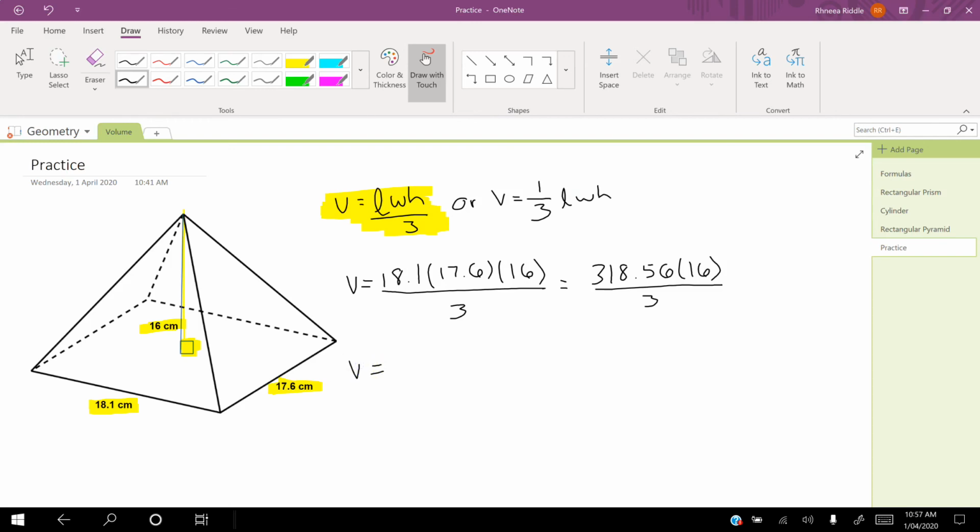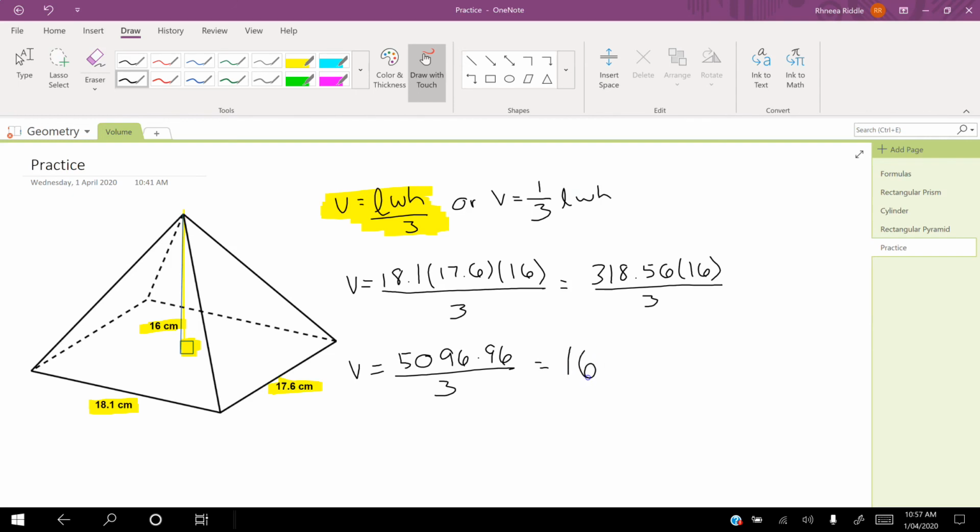So now we can multiply 318.56 by 16. And when we do that, we get 5,096.96 divided by 3, because we still haven't divided by 3, which we can go ahead and do now to get a super long answer that we can just go ahead and round.